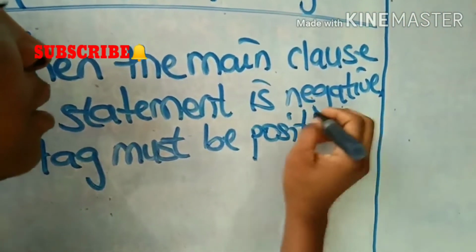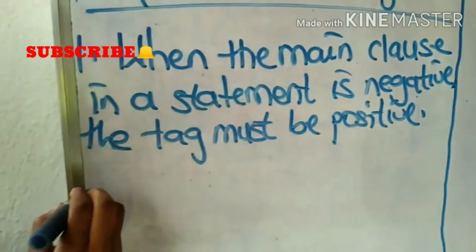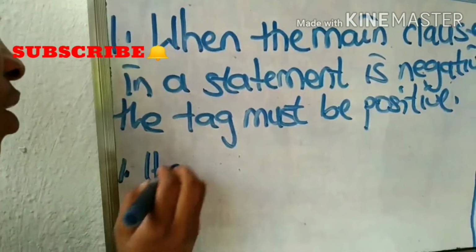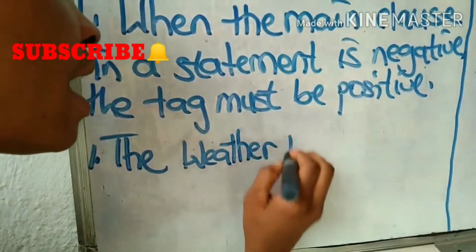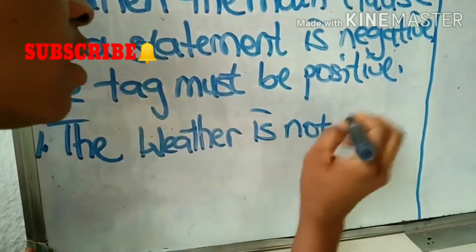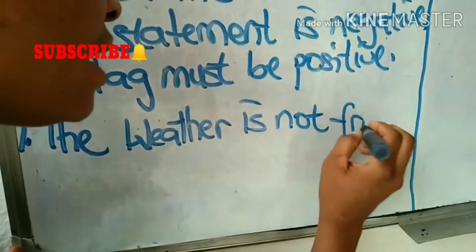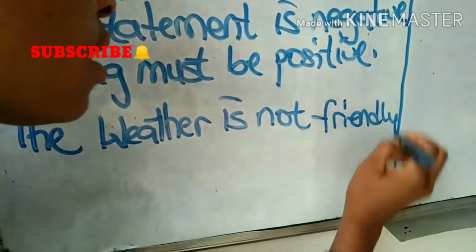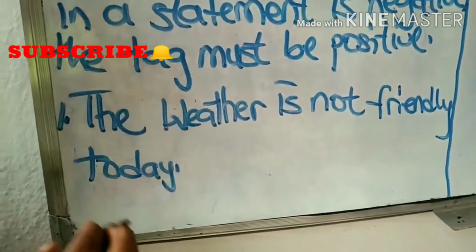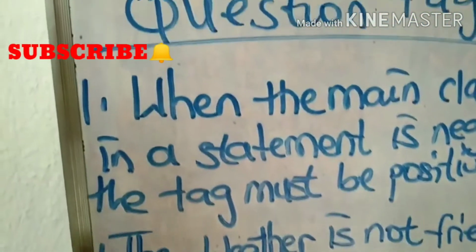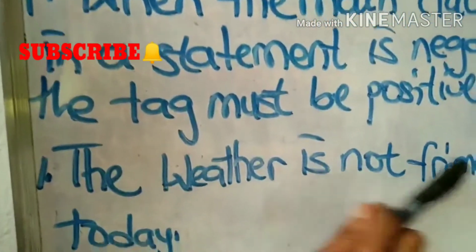Let's take an example to see what we're saying. Example number 1: The weather is not, remember, friendly today. Remember to put a full stop at the end of the complete sentence. Okay, so it says the weather is not friendly today.